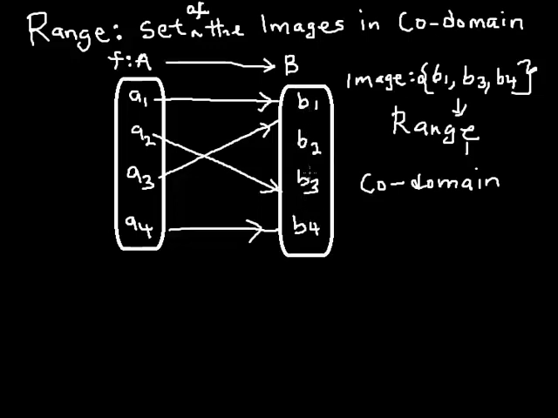But in this case, not the entire element of the codomain is an image of the domain A. So if I list out my codomain, which is all the elements of B, I'm going to list out B1, B2, B3, then B4.